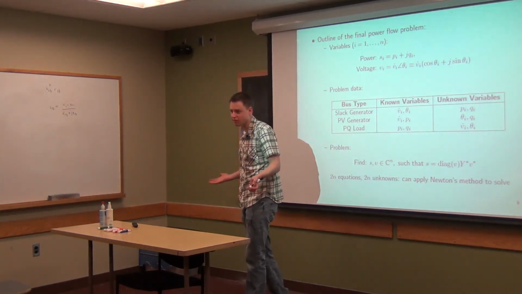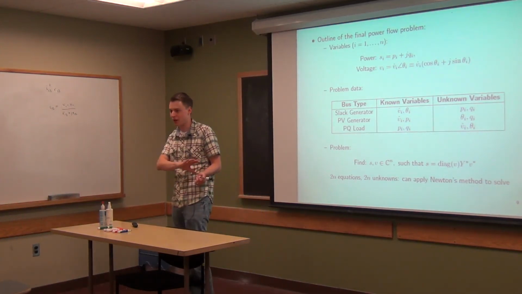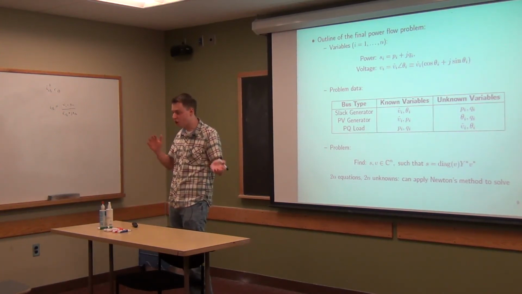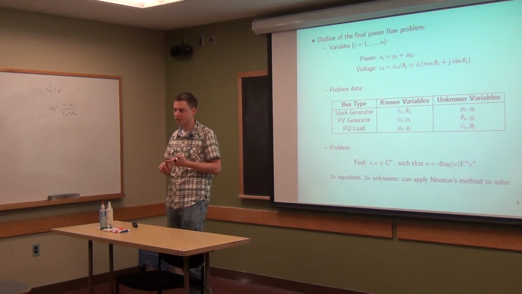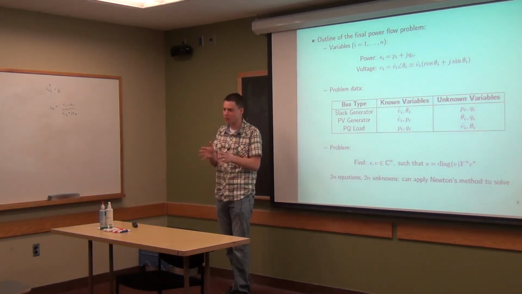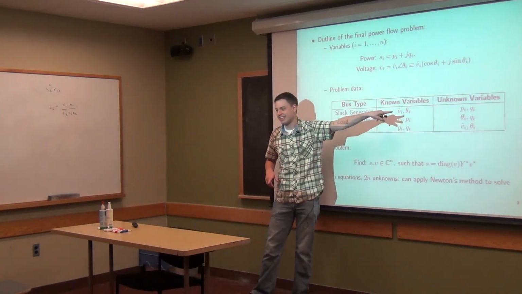Because in that case we'd just say that the total power consumed has to equal the total power being produced. That's okay. But when there is a loss in the network, it's impossible for us to know ahead of time how much power that slack generator needs to produce.